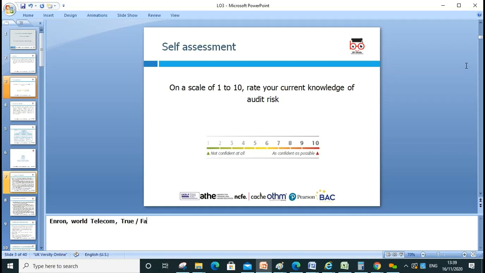Yes, so we should give true and fair information, and give views about going concern. Do we know what is meant by going concern? Going concern means the business will carry on as normal, yes? Okay.